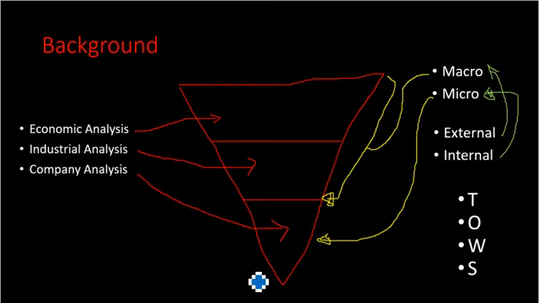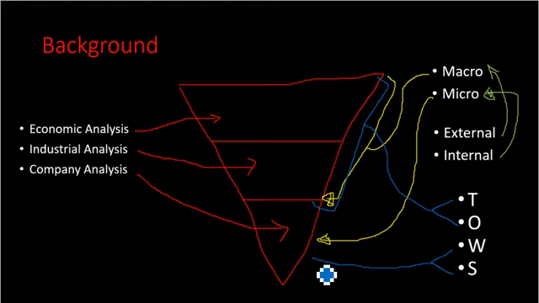Your threats and opportunities will normally come from this part: your economic analysis and your industry analysis. While your weaknesses and strengths will be identified under company analysis. So that is now your top-down approach.